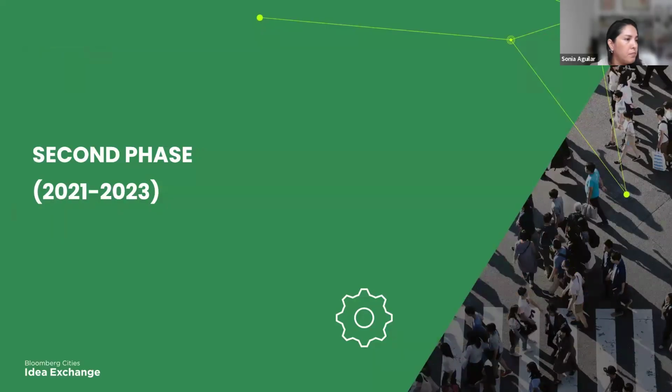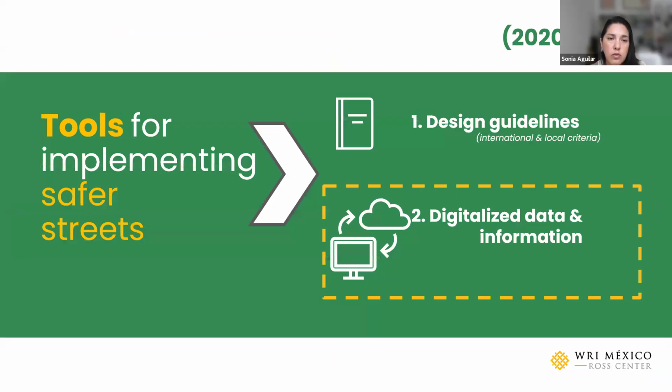Next point, please. The second phase is more about tools. Regarding our efforts in the first phase, we identified that in order to scale this type of program or project to other schools, it was important that authorities, stakeholders, and technical teams have the proper tools to develop their analysis tasks.